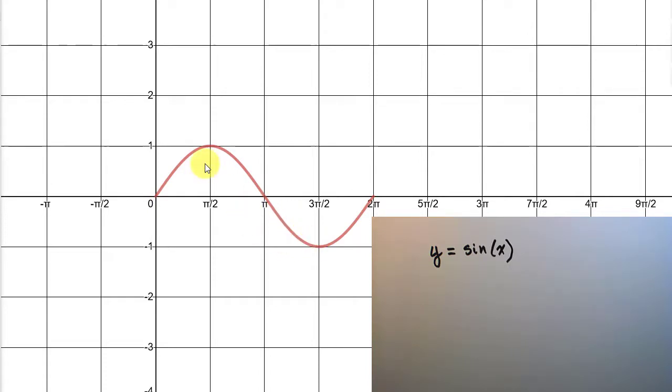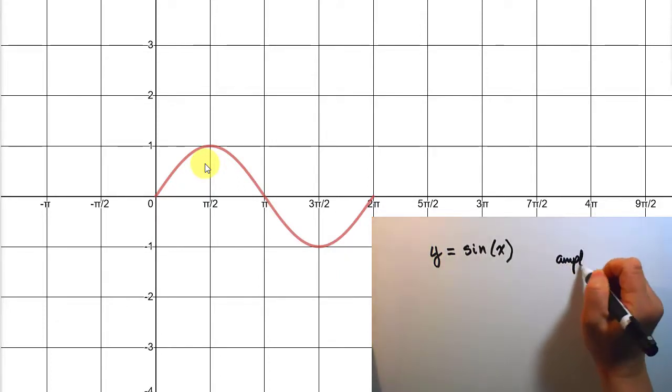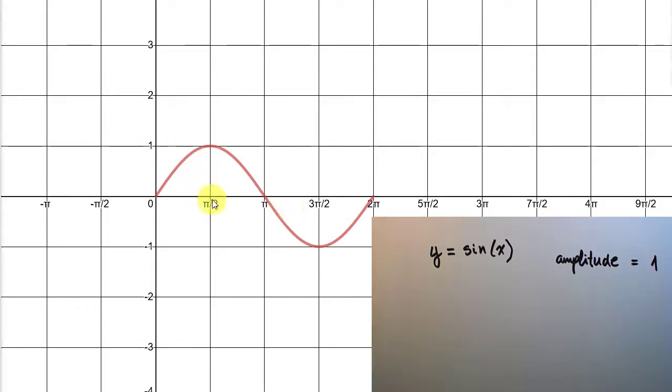Recall that the amplitude for this graph is 1. That is the vertical distance from the x-axis, which I also call the center line or the midline, to the high peak, and also the same vertical distance from the midline to the bottom peak of your sine of x function.